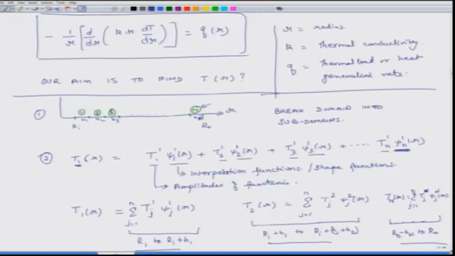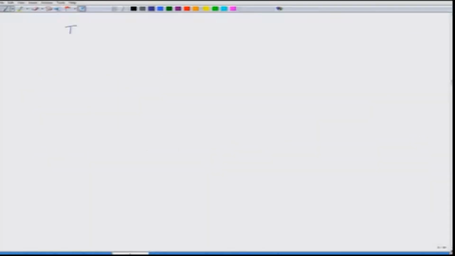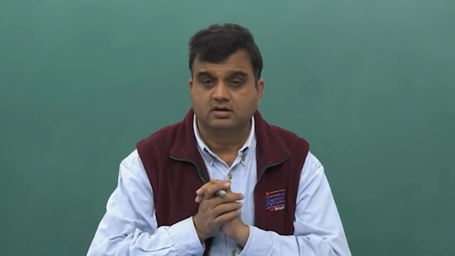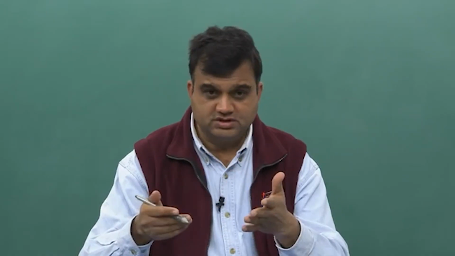Suppose I have to compute the value of T for the eth element, then Te(r) is equal to the summation of Tj^e psi j^e(r), over j from 1 to n. Okay. I think we will close at this stage today, and we will continue this discussion tomorrow.